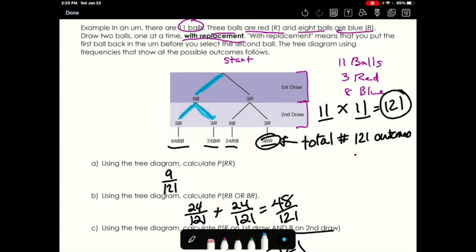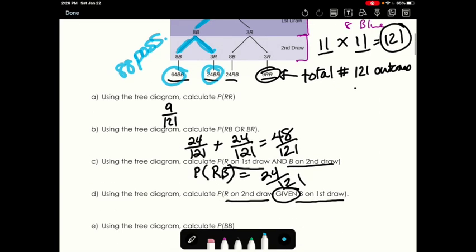So we've narrowed it down. Instead of looking at all the branches, we're just looking at the ones that I just highlighted blue. These are the possibilities that I would get if I picked a blue on the first try. And if I take 64 and add 24 to that, that's a total of 88 possible choices.